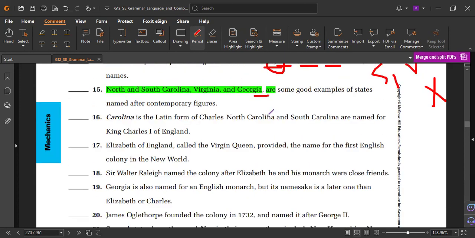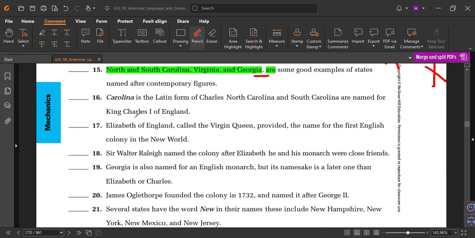Now for number 16, we need to prove whether it is correct or wrong. "Carolina is the Latin form of Charles. North Carolina and South Carolina are named after..." So the writer wants to start a new clause again. This is the subject, this is the verb.